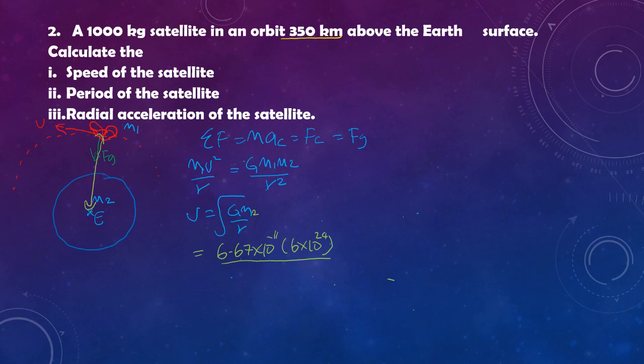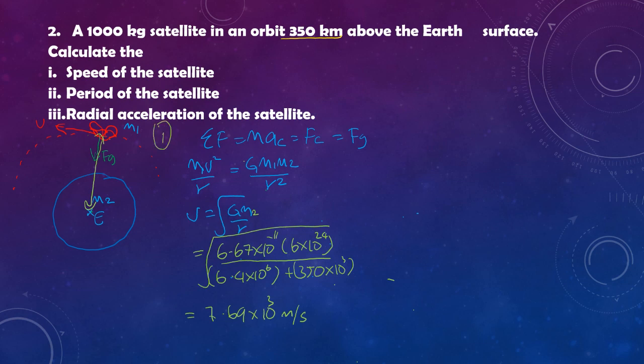The radius of the Earth is 6.4 times 10 to the power 6, plus the altitude 350 kilometers times 10 to the power of 3 to convert to meters. Take the square root, use your calculator, and you will get about 7.69 times 10 to the power of 3 meters per second. Done for number 1.